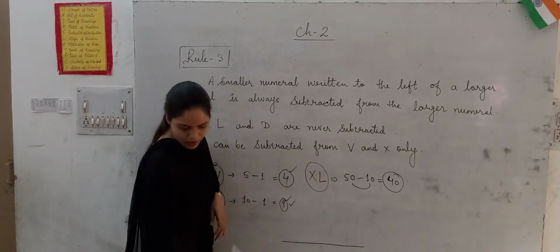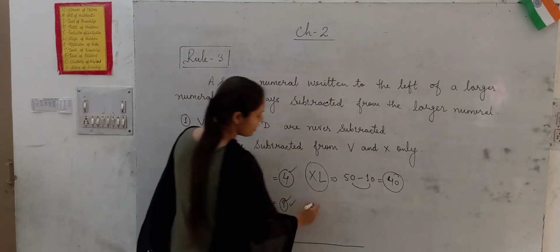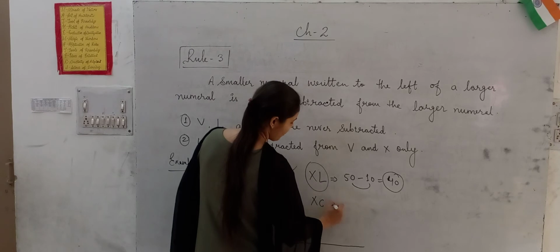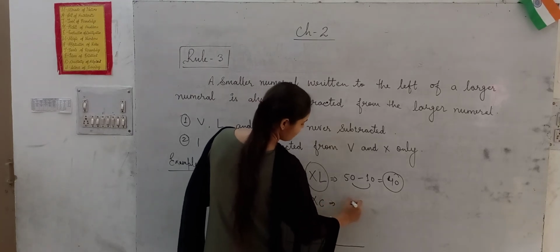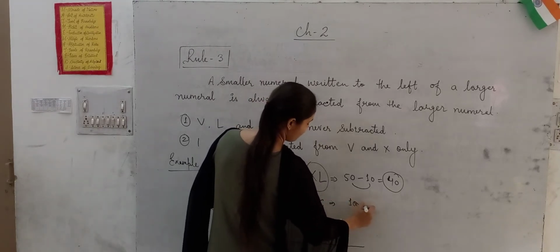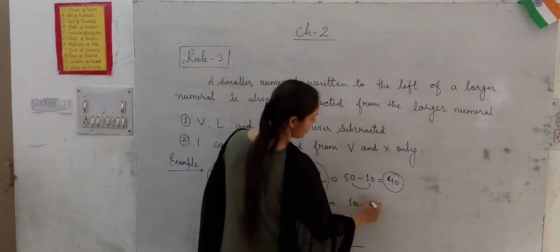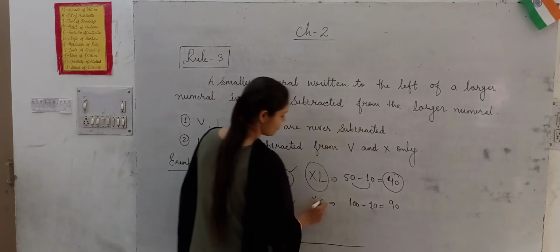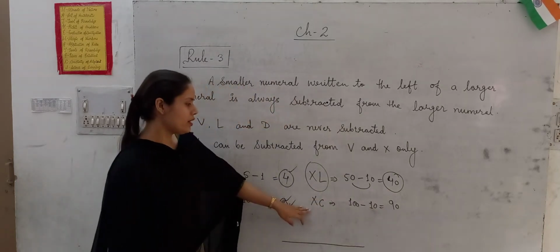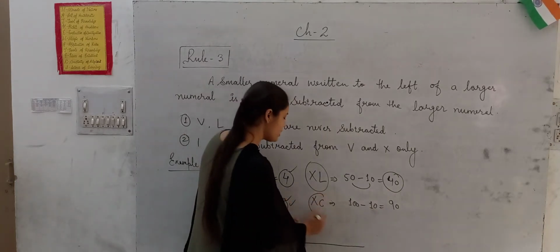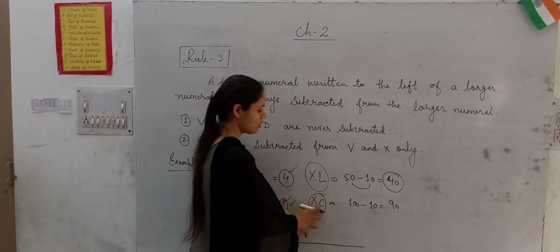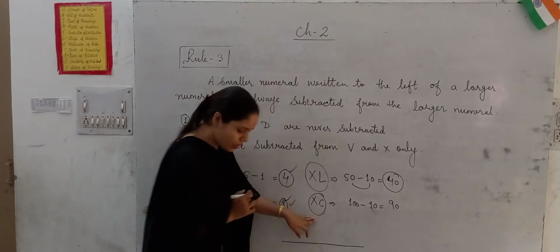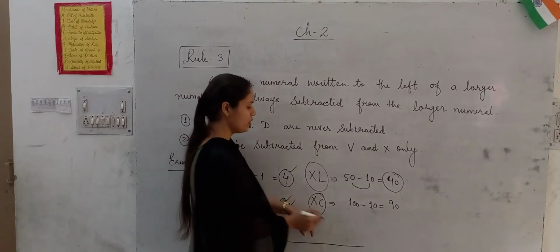Some more examples are given, like X and C. So, 100 minus 10 means 90. If you want to write 90 in Romans, we will represent X and C because a smaller numeral is written on the left side of the larger numeral.